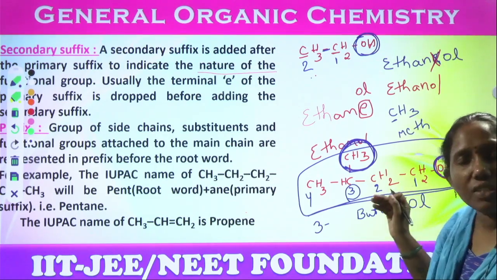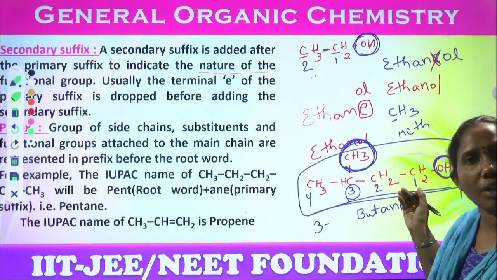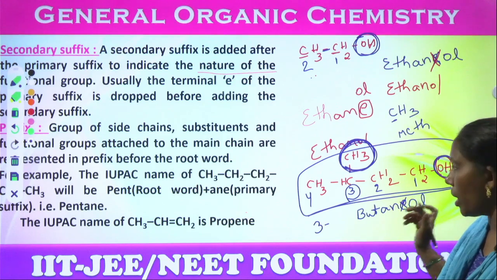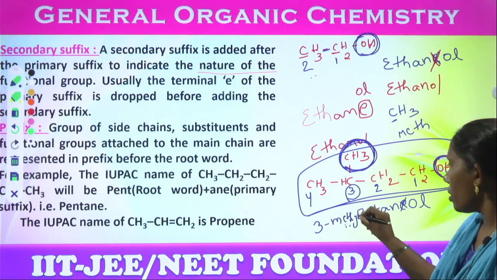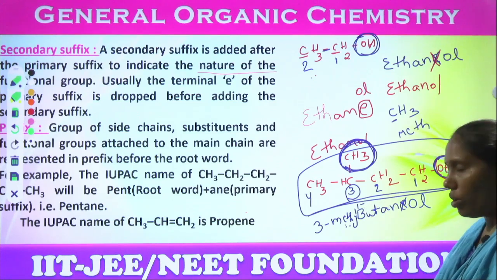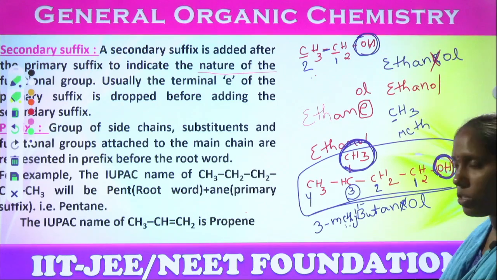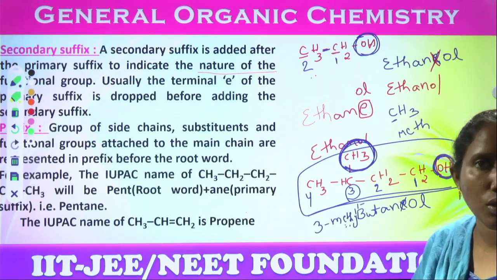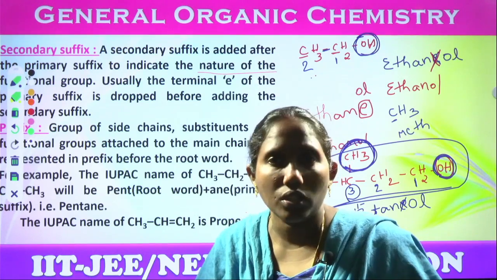If it is CH4, methane we can write, but one hydrogen is removed, so it will always be an alkyl group, that is the methyl group. So it is 3-methyl-1-butanol. What does that 1 represent? The OH group is attached on the first carbon. Which carbon these substituents or functional groups are present on, we also have to write. That is the nomenclature.